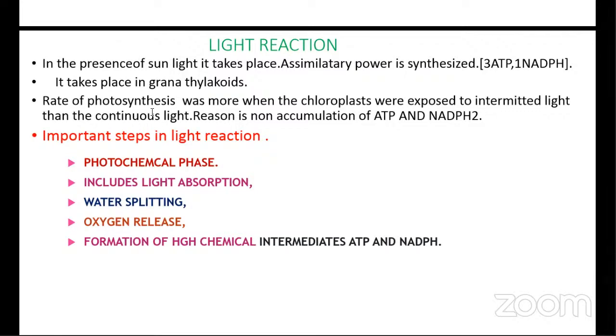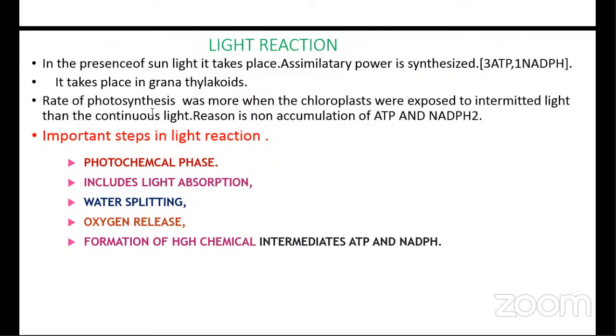A continuous flow of photons will not help in increasing the rate of photosynthesis, whereas intermediate light, a split or phase-wise flow of photons, helps in increasing the rate of photosynthesis.